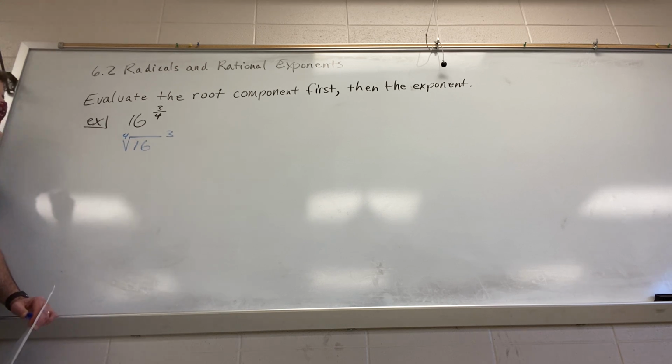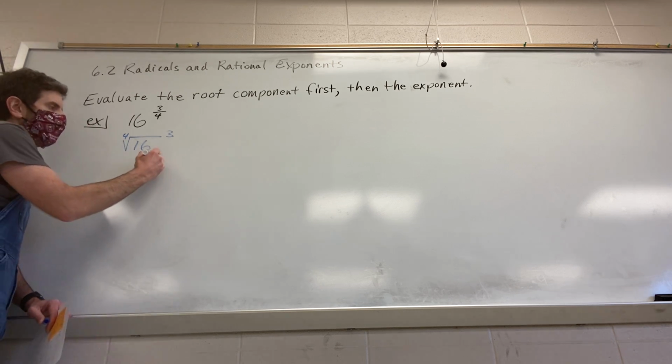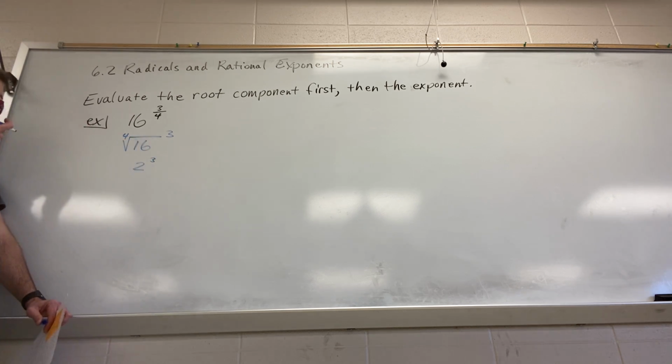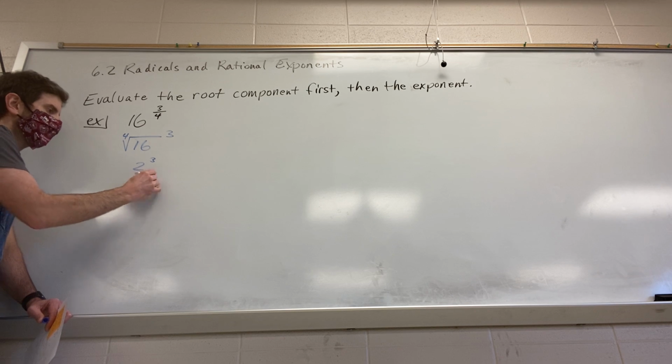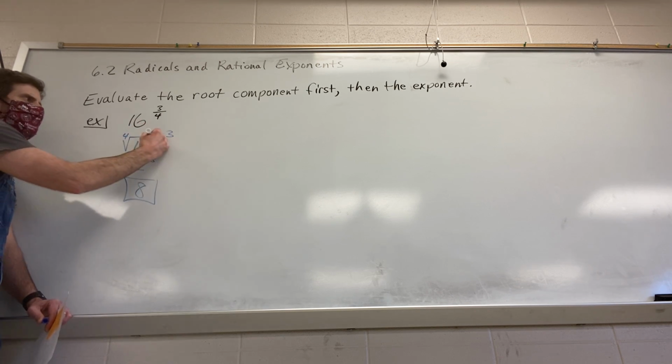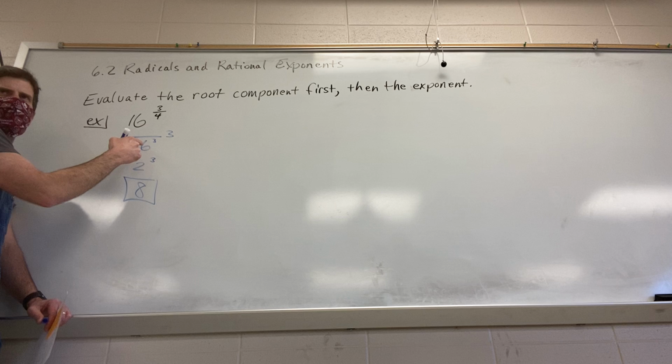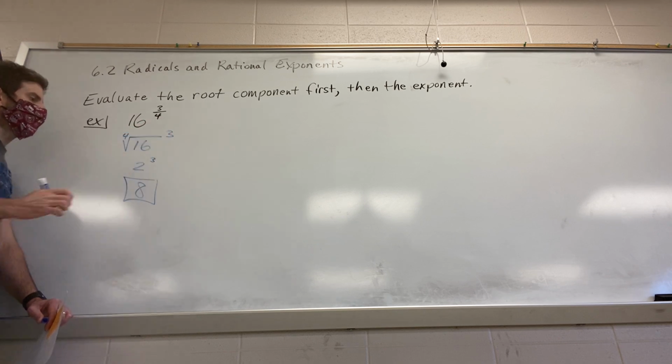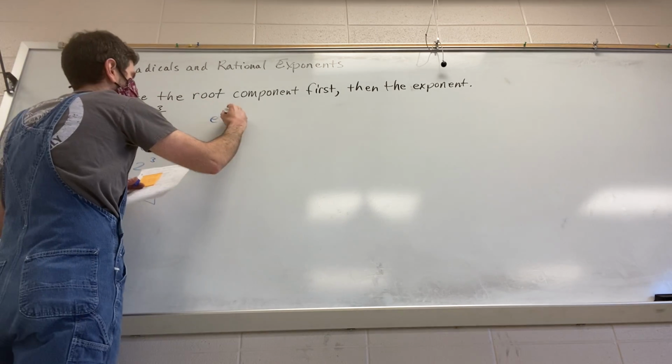What multiplied by itself 4 times gets you 16? 4 would be too much, wouldn't it? 2, times 2 times 2 times 2. Because it's 4th root. So it's actually 2, isn't it? And then what's 2 to the 3rd power? 8. So do you guys see how this could get kind of crazy if you did 16 to the 3rd power first? All right, let's try another one.